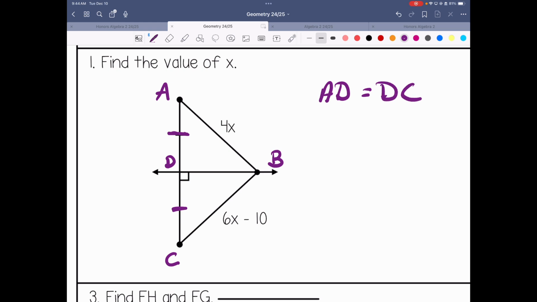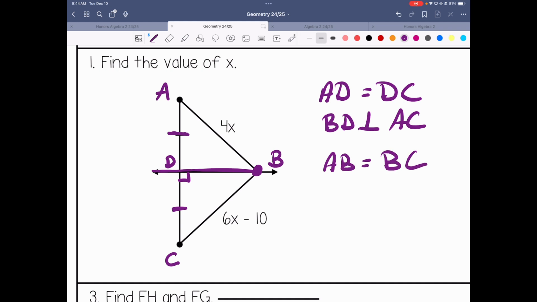That's given to me. It's also telling me that BD is perpendicular to AC. That's what that 90-degree angle means. So that tells me that this is a perpendicular bisector. So because that's a perpendicular bisector and B is on that perpendicular bisector, the distance from A to B has to equal the distance from B to C.